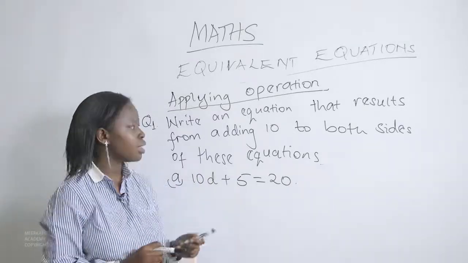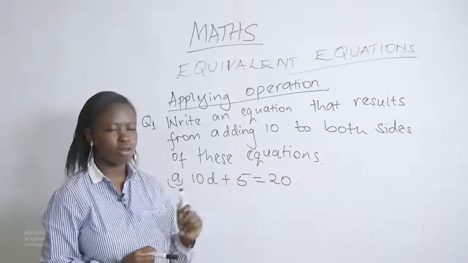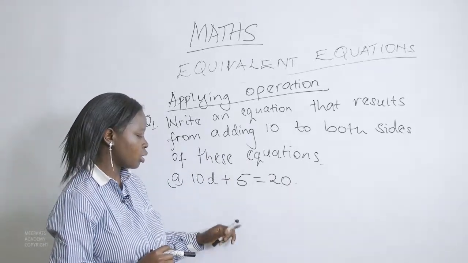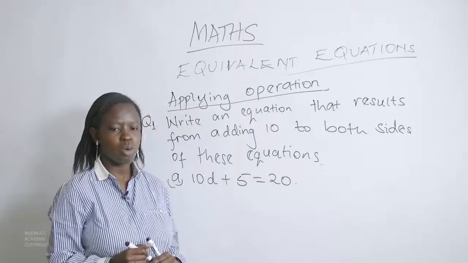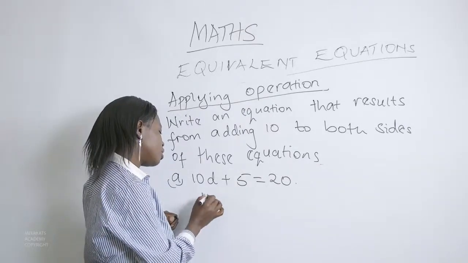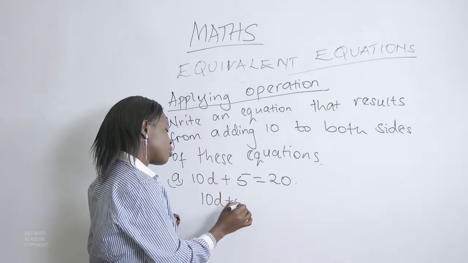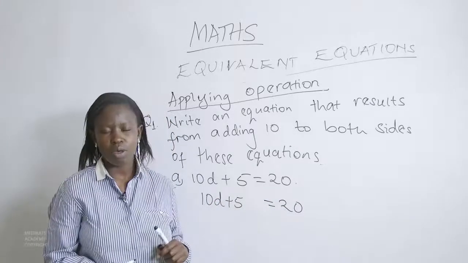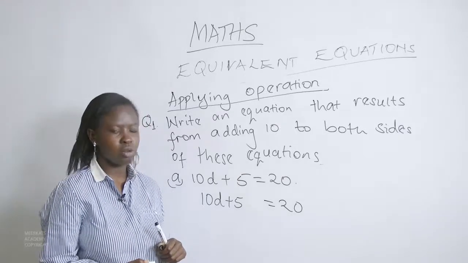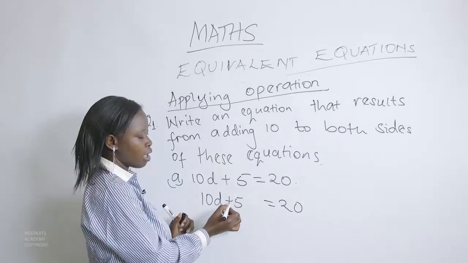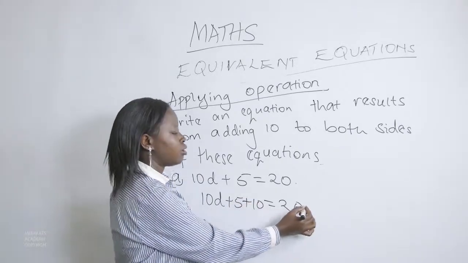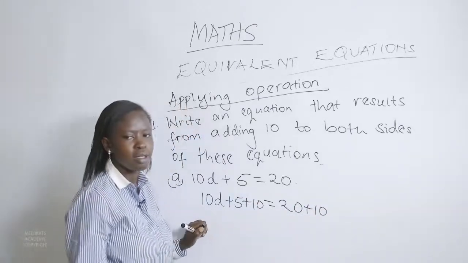So we are adding 10 on both sides of the given equation and finding out what we are going to get. We have 10d plus 5 is equal to 20. The question is instructing us to add 10 on both sides. So I add 10 on the left hand side. I add 10 on the right hand side.